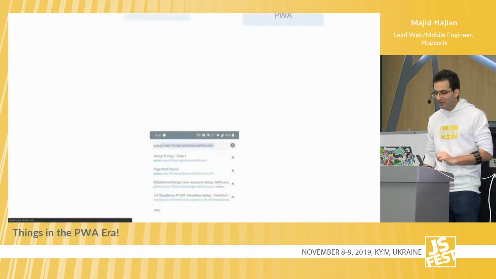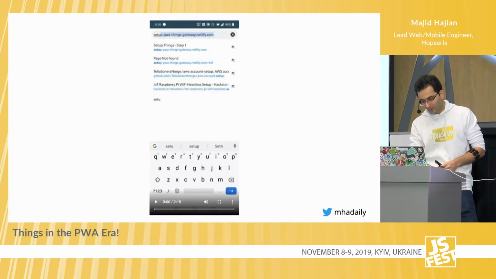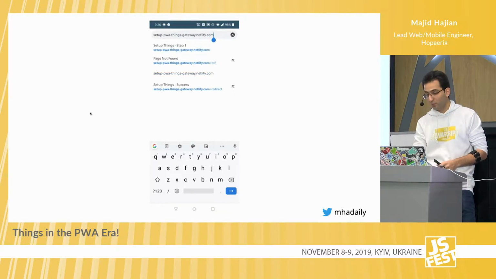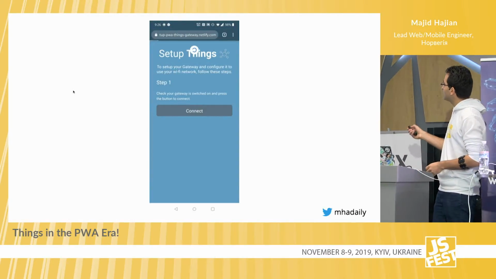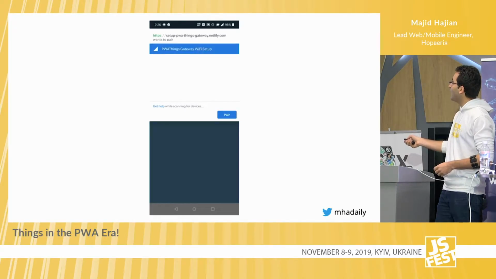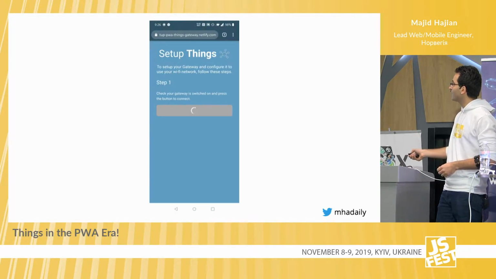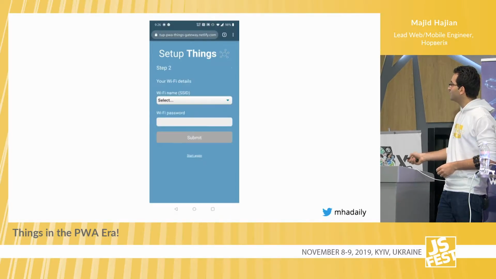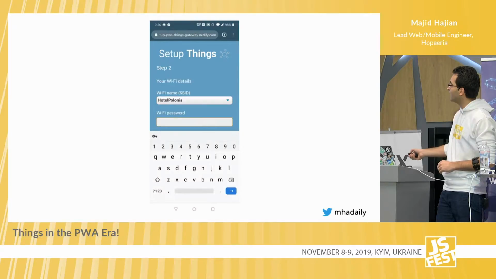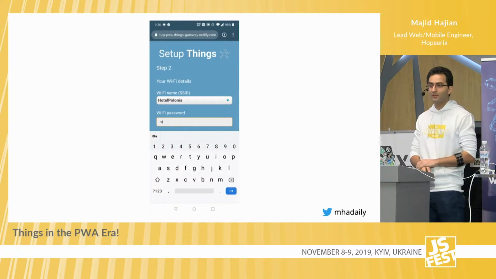Cool. Let's quickly see the videos for setting up the Wi-Fi. You see that this is a web application. It's deployed on Netlify. And then I have this Bluetooth, and I can connect to the Bluetooth. And then in the second page, I can get all the Wi-Fis, and then the Wi-Fi password. This is all on the web.